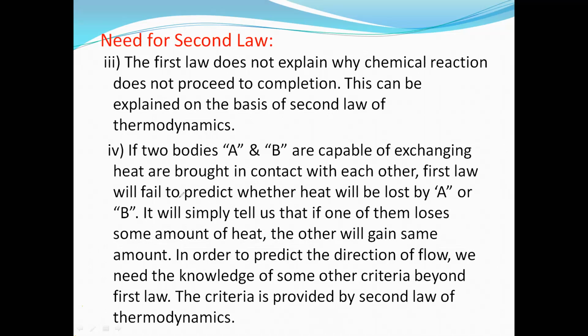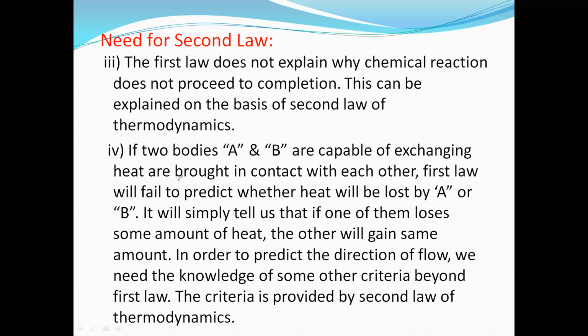That is the first law. If two bodies are capable of exchanging heat and are brought in contact with each other, the first law fails to predict whether heat will be lost by A or B. It simply tells us that either A or B loses some amount of heat, and the other gains the same amount.